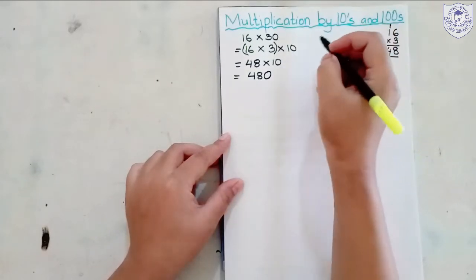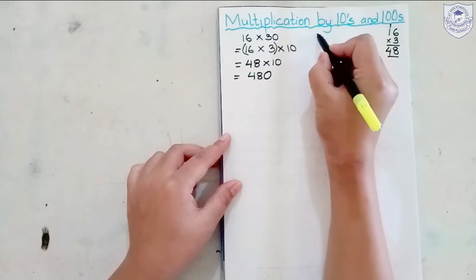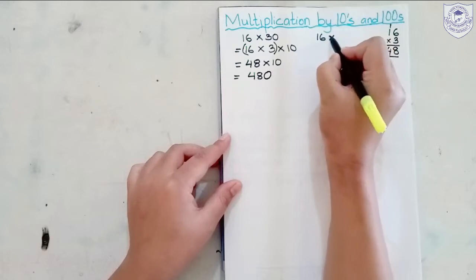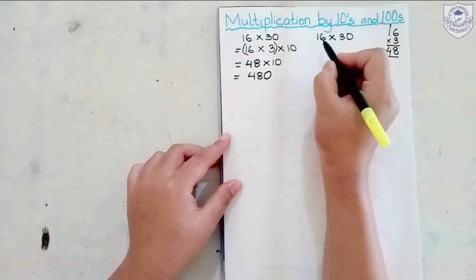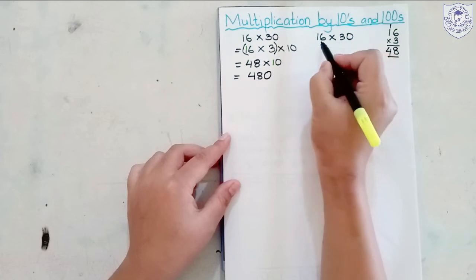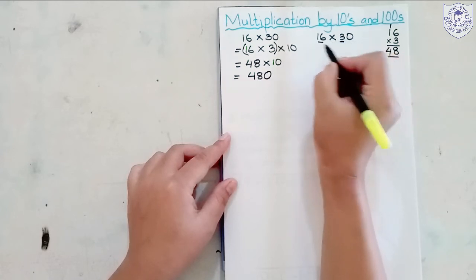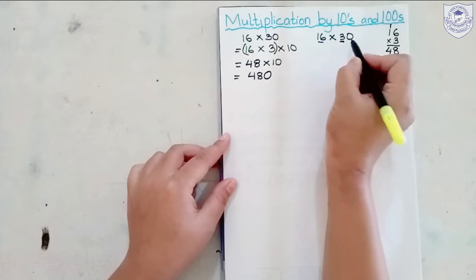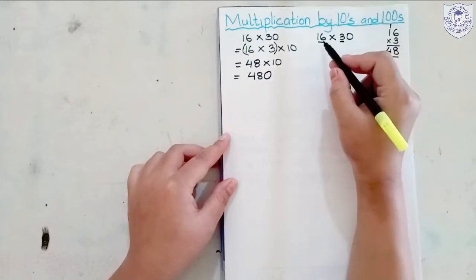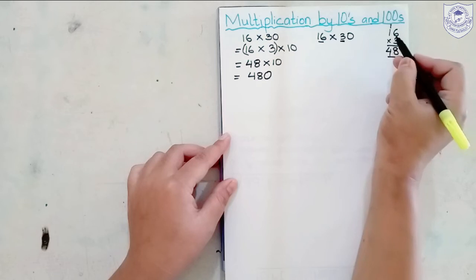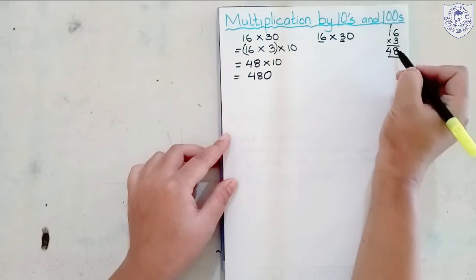The second method, or the easier method, is here. See, we have 16 into 30, right? First, you have to multiply this 16 and 3, except the 0. Now, here we already multiplied 16 into 3, isn't it?